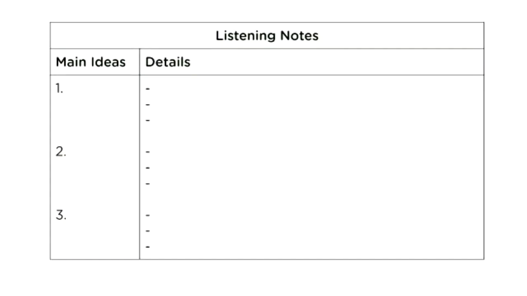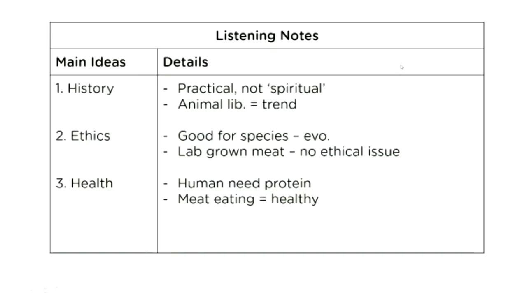Here's a note template. What you'd want to do ideally is put the main ideas in a left-hand column and the related details on the right side. So let's look at an example. This is for a different audio lecture than the one we're going to be hearing, but it serves our purposes. The lecturer talks about vegetarianism and why people should become vegetarians.